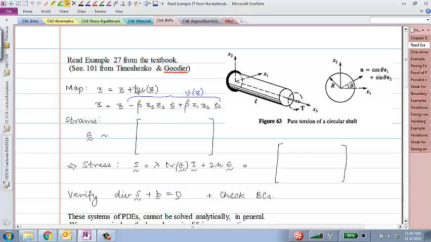The displacement field is given by this expression: minus beta z2 z3 and plus beta z1 z3. I think maybe you've even looked at this before. If you take this as the displacement field, what would be the strain field? Maybe take 30 seconds and see if you can write down the strain field from this displacement field.